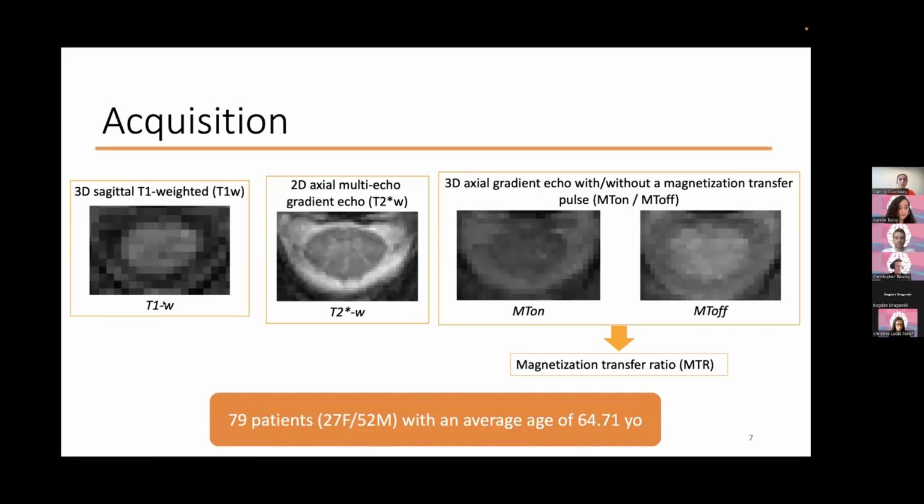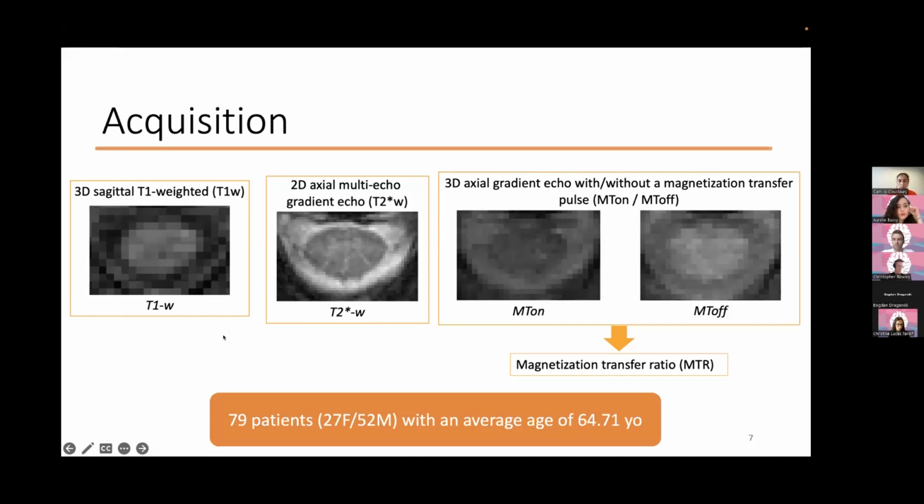We acquired several types of MRI of the spinal cord: T1 weighted images, T2 star weighted images, and magnetization transfer images, so that we could compute the magnetization transfer ratio. All these images were acquired at cervical level. For the T2 star weighted and the magnetization transfer images, images were acquired with slices at the same physical location.